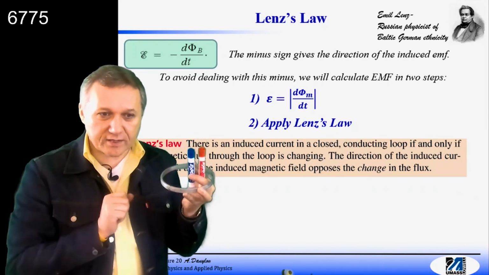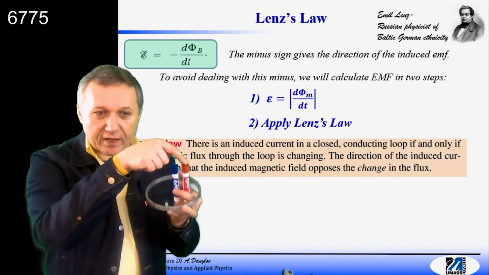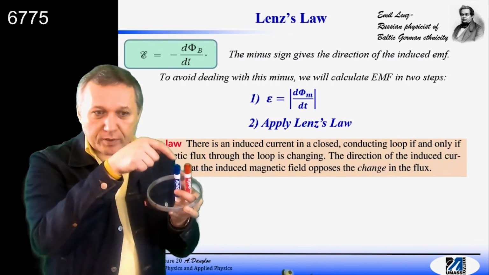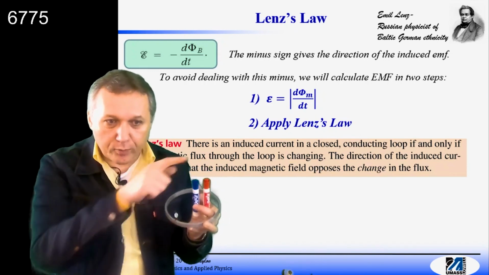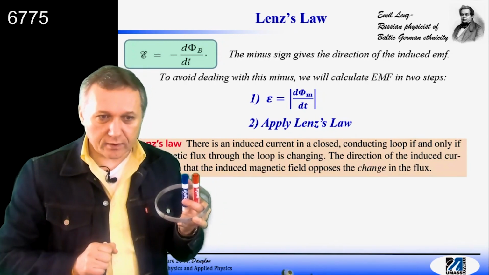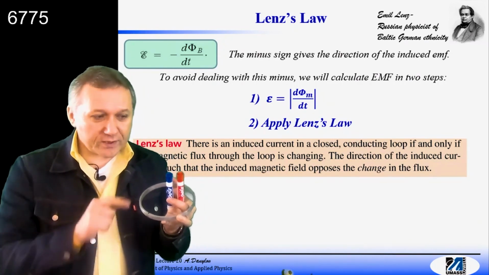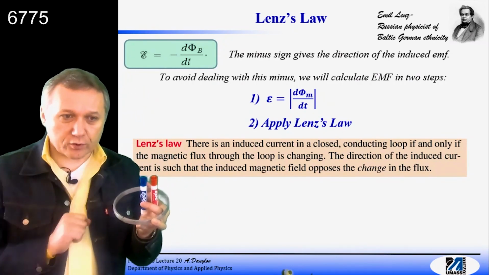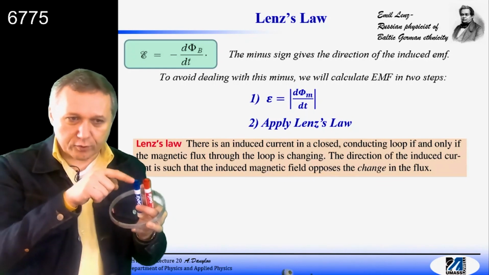Now the directions are the same, because if this flux is positive, the flux produced by this field will also be positive. Both fluxes will be positive, so this flux is going to support that one. So now we know the direction of the induced magnetic field.